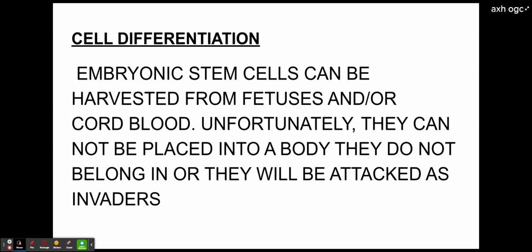Now, stem cells can only be used for that particular person. So when you see those moisturizers that say plant stem cells, they're useless. The stem cells have to come from the organism that they originated in because they need that name tag that they belong to you. If I took stem cells from someone else's cord blood, they'd be useless. They would be attacked as if they were invaders.